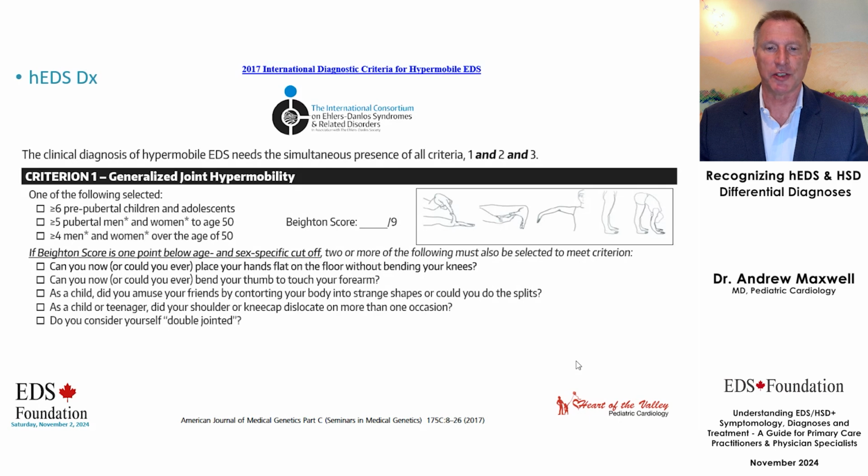The first is generalized joint hypermobility, criterion number 1, and that is through what's called the Beighton score, which has a minor component of being dependent on age. So a Beighton score of 6 or greater is needed for prepubertal children, 5 or greater after puberty, and 4 or greater for those over 50 years of age.